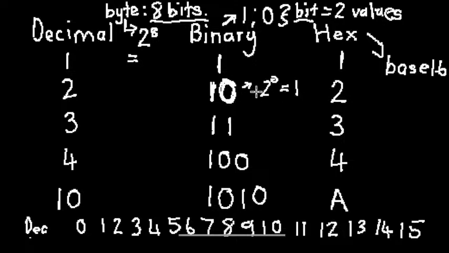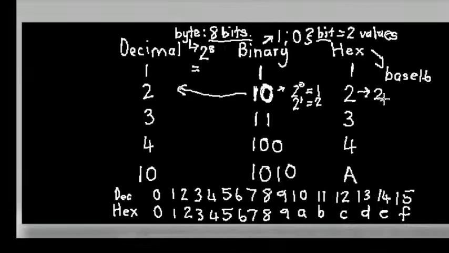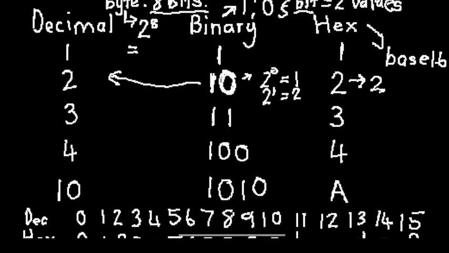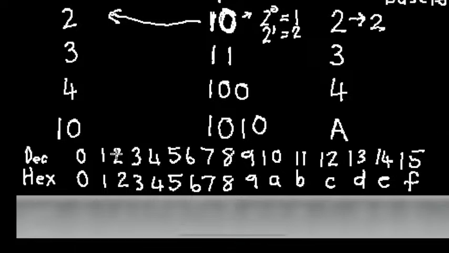But because it's a 0, we're going to ignore it. But there is a 1, so that 1 becomes 2 to the power of 1. So 2 times 1 is 2. So a 10 in binary is 2 in decimal. As for hex, it stays as 2, because remember, 2 in decimal is 2 in hex, all the way basically up until 9.